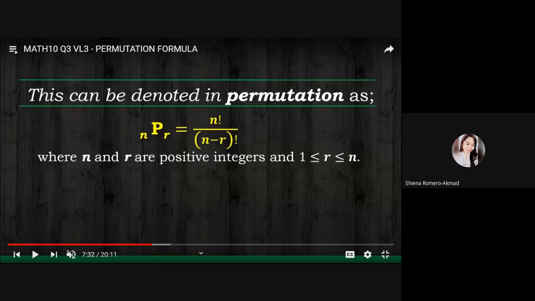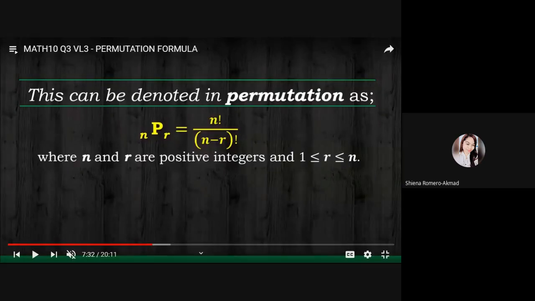Now, n and r here are positive integers. Walang negative. It's all positive. And yung r natin is greater than or equal to 1, pero siya ay less than or equal to n.